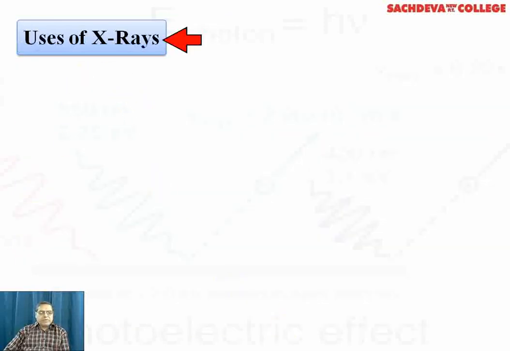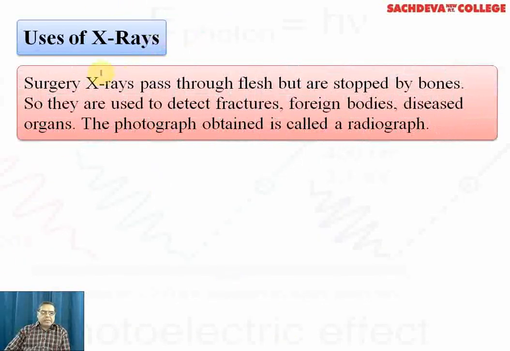Now there are uses of X-rays, like X-rays are used in surgery, in radiography, in radiotherapy. X-rays pass through flesh but are stopped by bones. So they are used to detect fractures, foreign bodies, and diseased organs.